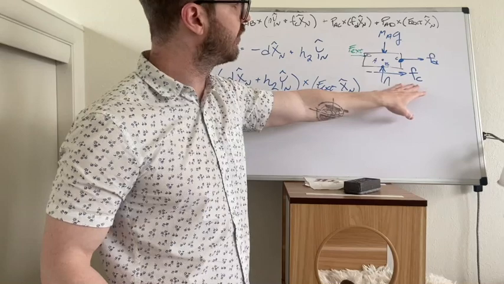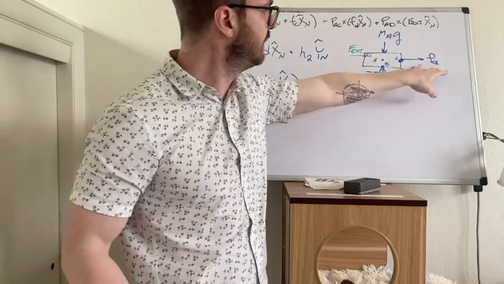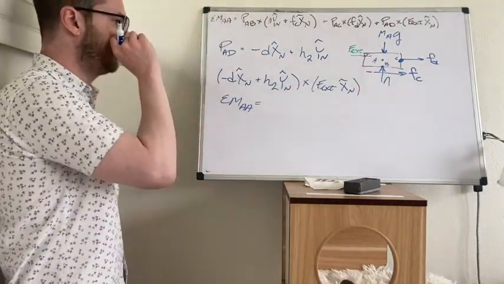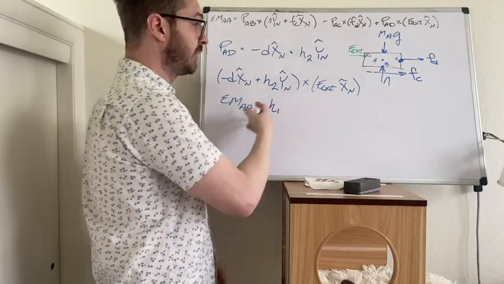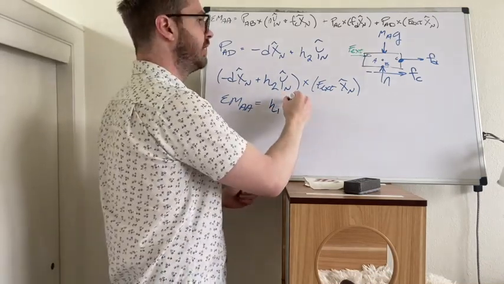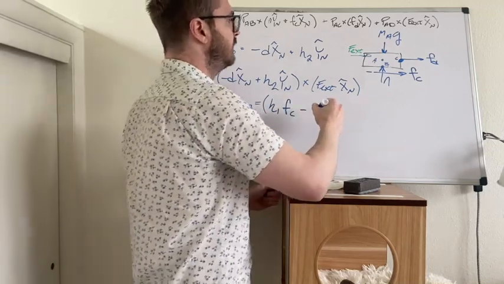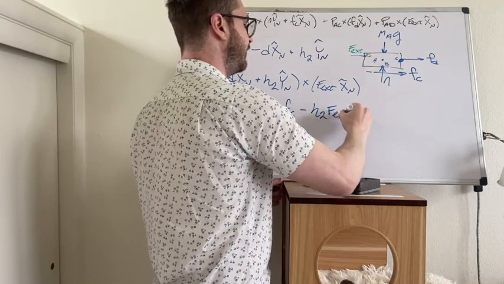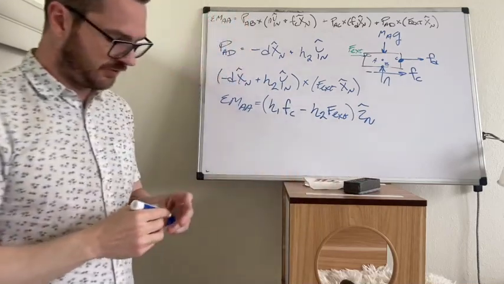There was a little moment created by the Coulomb force, right? There was no moment created by the drag, and then there was a moment created by F external. So what do we have? I'm going to call it h1. h1 F C, and then minus h2 F external, and these are acting in the z hat n direction. So those are moments about z.